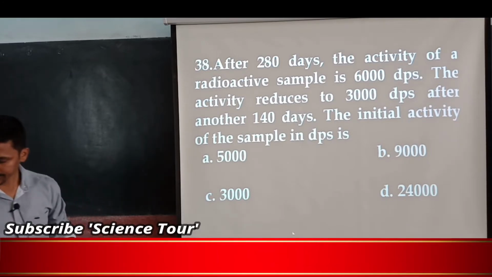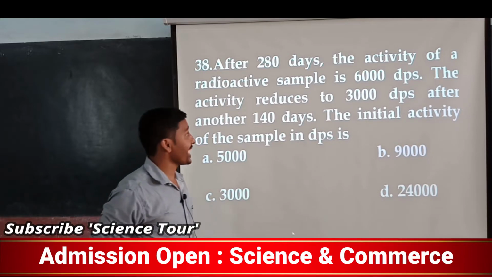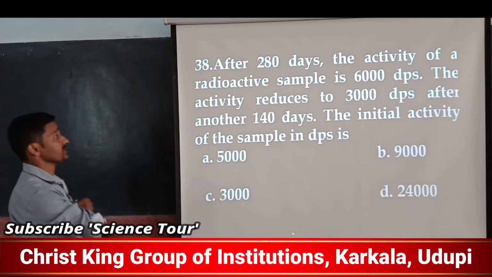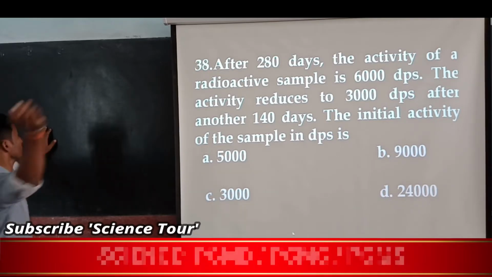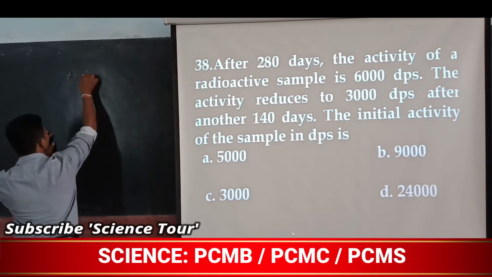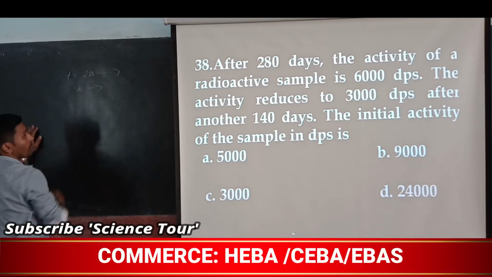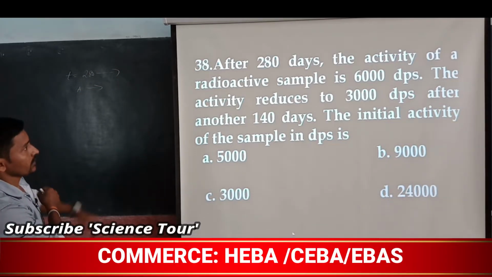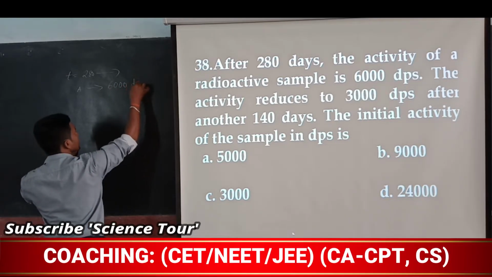What does it say? After 280 days, the activity of a radioactive sample is 6,000 disintegration per second. After 280 days, T is equal to 280 days, so activity is 6,000 disintegration per second.